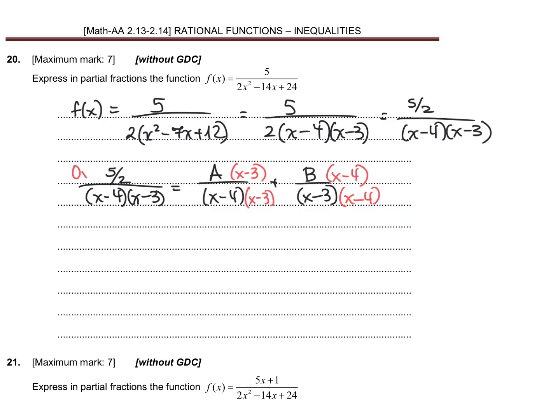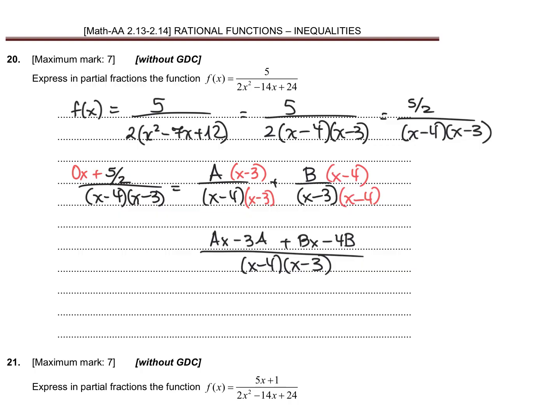And 0x plus. So we will have ax minus 3a plus bx minus 4b over x minus 4, x minus 3.